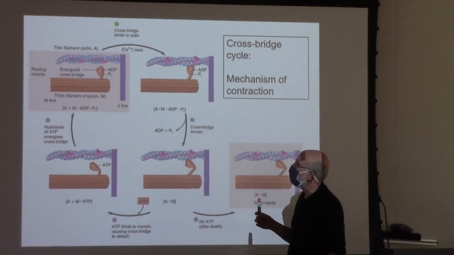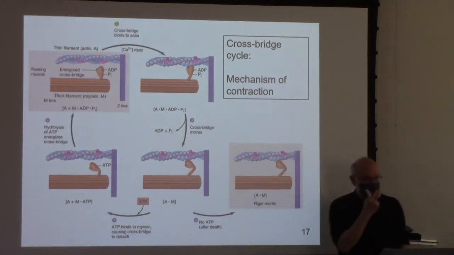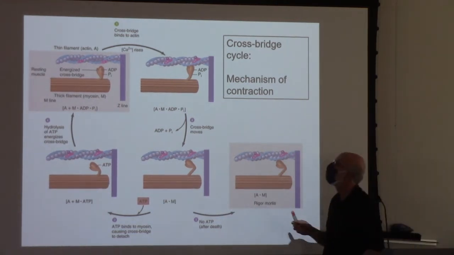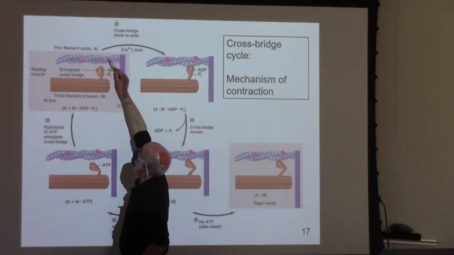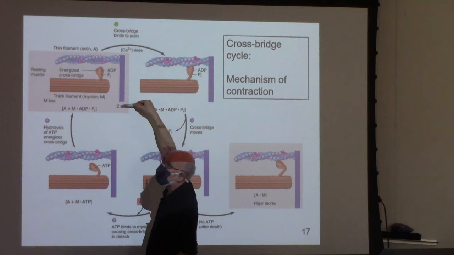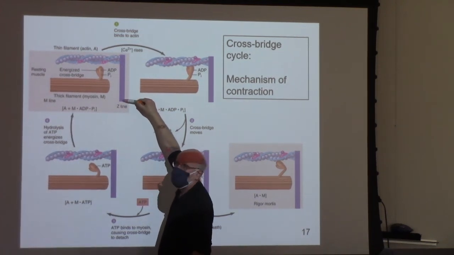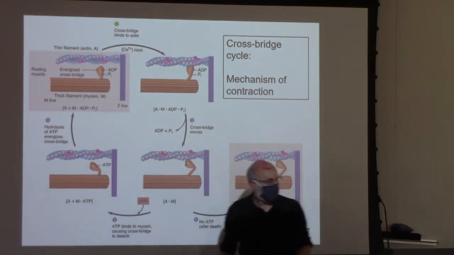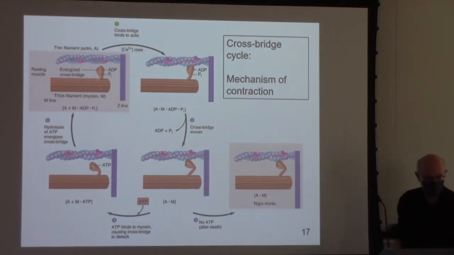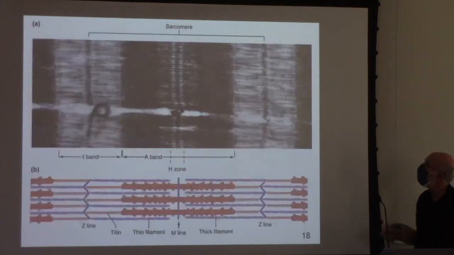So here's a cartoon from your textbook that illustrates contraction. The thin filament is connected to part of the muscle called the Z line. So here's a thin filament. Let me look at the next slide.